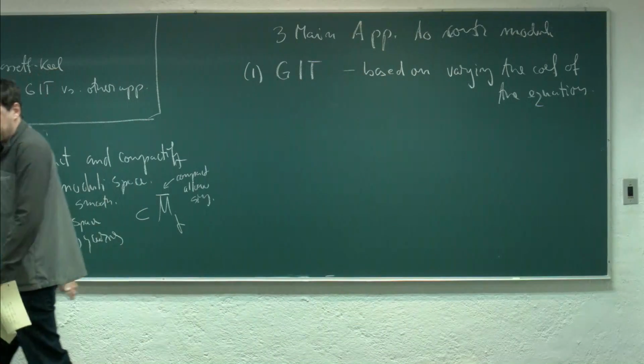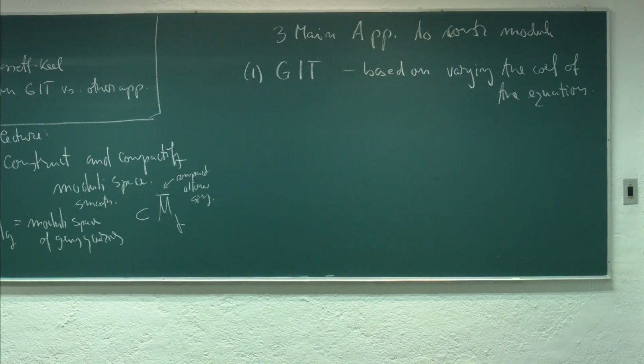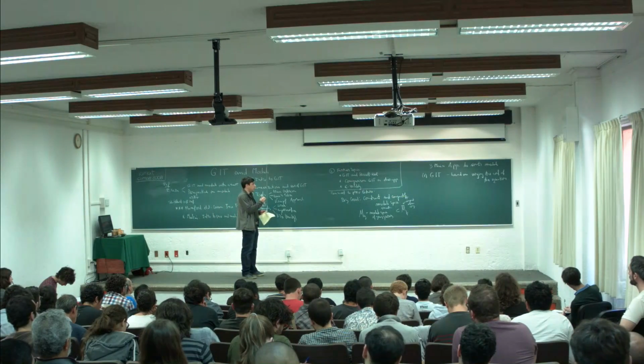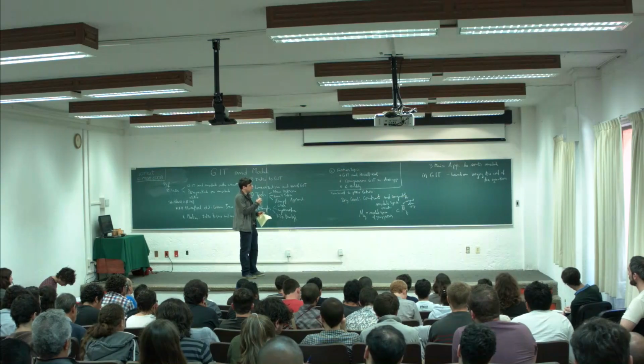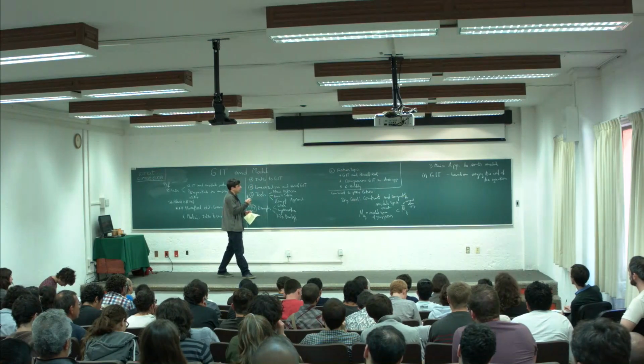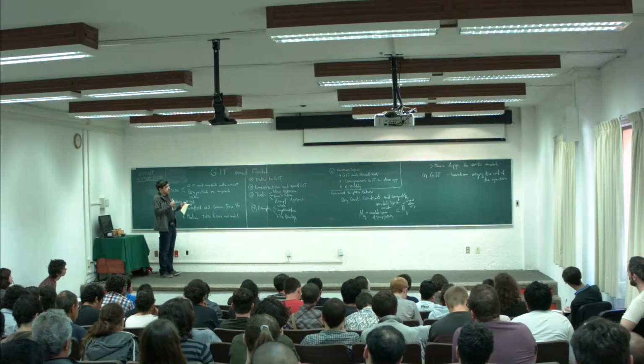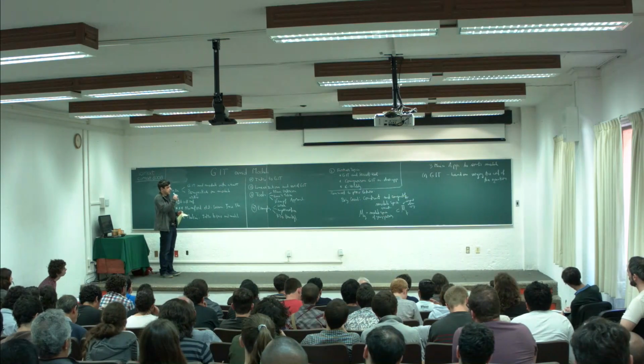Remember that in the previous lecture, the construction of the moduli space for cubic curves was based on putting equations in normal forms, and something was attempted for quartic curves. This approach of trying to understand things by equations is GIT.